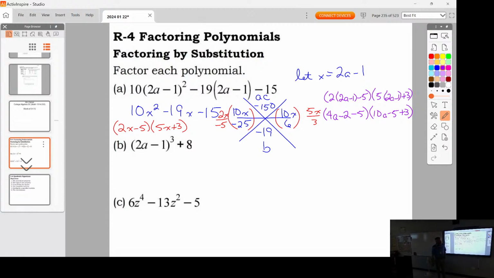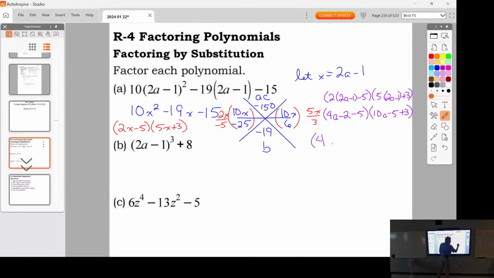And now we have some really simple, I don't know, when did y'all start subtracting? Second grade or first grade? A couple days ago? Okay. Final answer, (4a minus 7) times (10a minus 2).